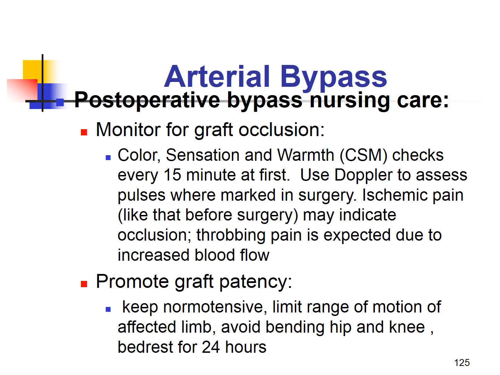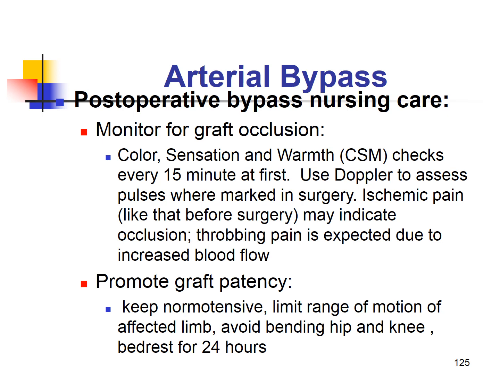Next slide. So we may do an arterial bypass, and when you do the bypass, we're going to monitor for graft occlusion, so color, sensation, warmth. Check every 15 minutes at first, and then use Doppler to assess the pulses, and assess for pain.